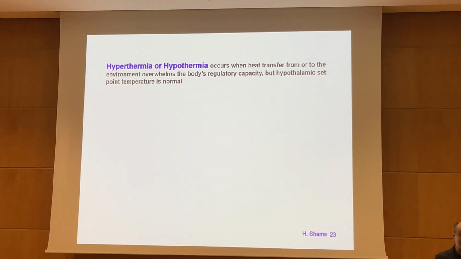The set point temperature of the hypothalamus is normal, 37. The hypothalamus tells the body to regulate at 37. The body cannot do it because its mechanisms are overwhelmed. The difference is simply too much for the body to regulate, and therefore the body temperature decreases or increases. Also, in hyper- and hypothermia, the set point temperature is normal. Only the body temperature is lower than normal or higher than normal.